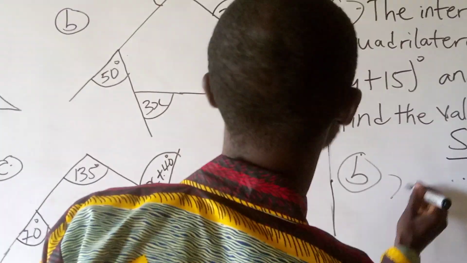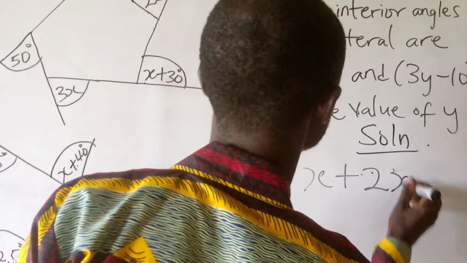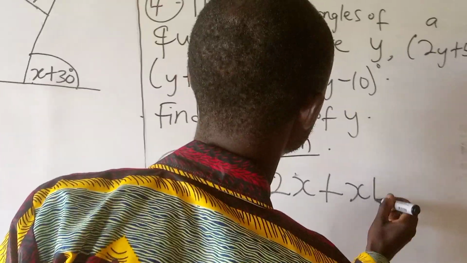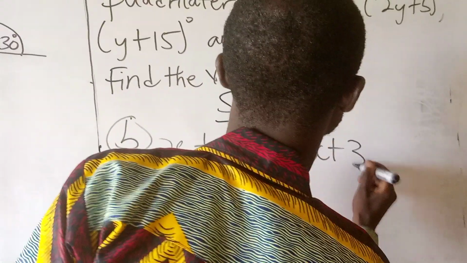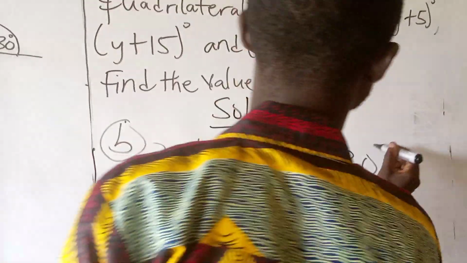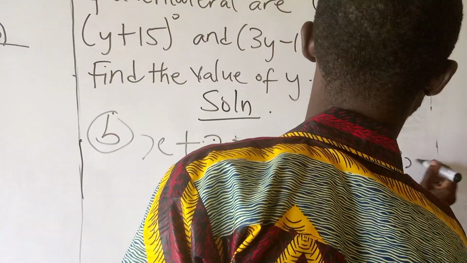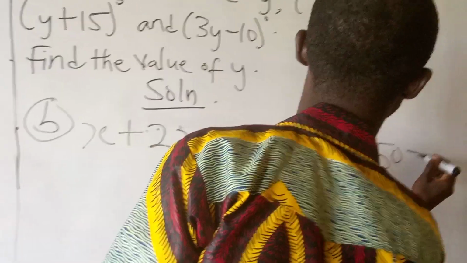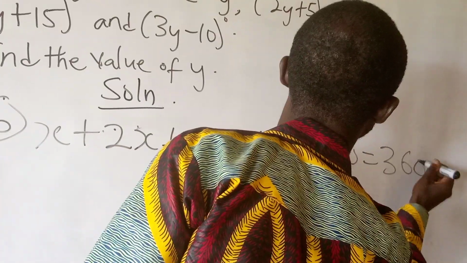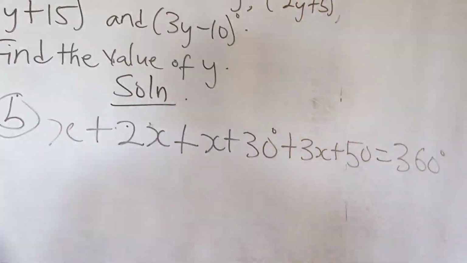So it becomes x plus 2x plus x plus 30 plus 3x plus 50 equal to 360 degrees.